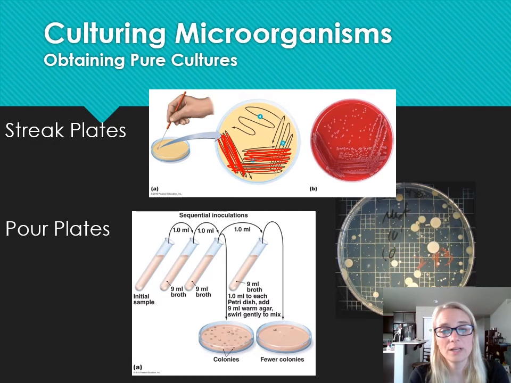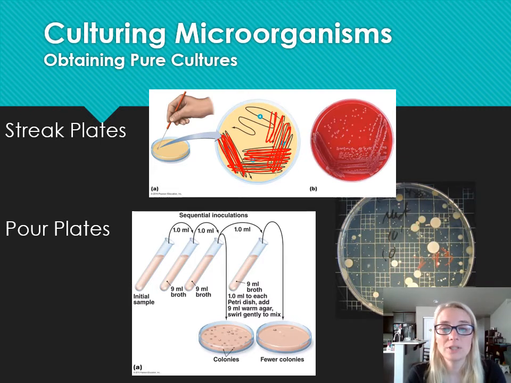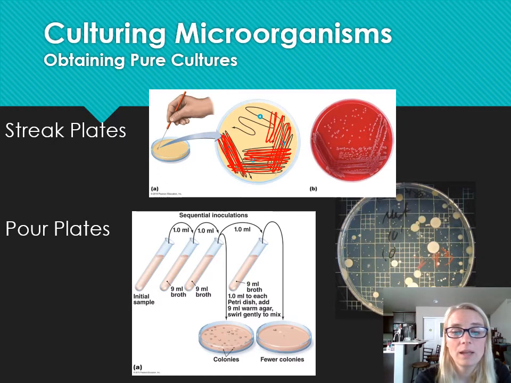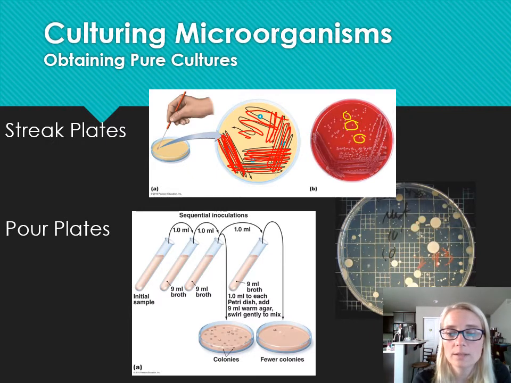Then you sterilize your loop again, and you don't put it back in the original bacteria. We're just dragging what's originally on that prior streak out into a new sterile area of the petri dish, and you sterilize your loop again, and then you do this last streak into the middle area. Your goal is to end up with these individual isolated colonies.